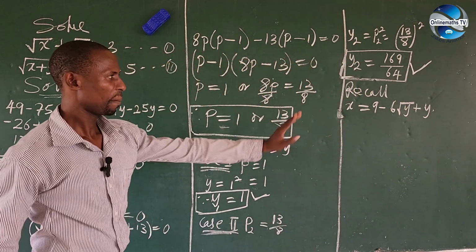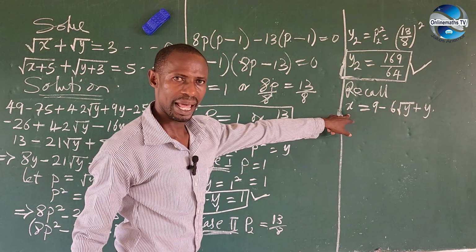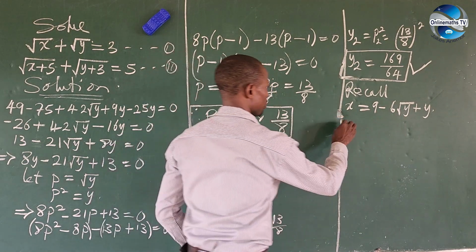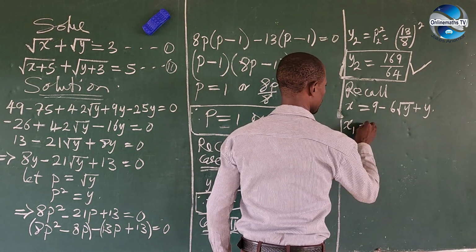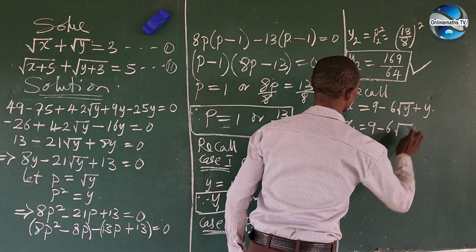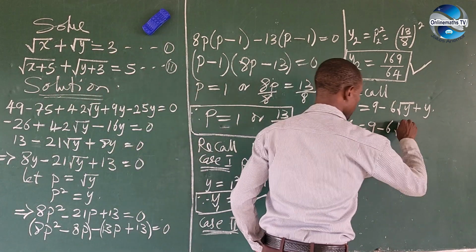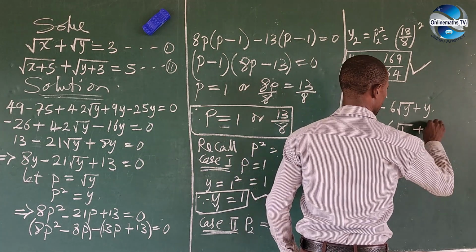You remember this? All right. So from this expression, we can look for our x1 and x2. So from here, we now have x1 is equal to 9 minus 6 into the square root of y1. Our y1 is 1. So we have 1 plus 1.